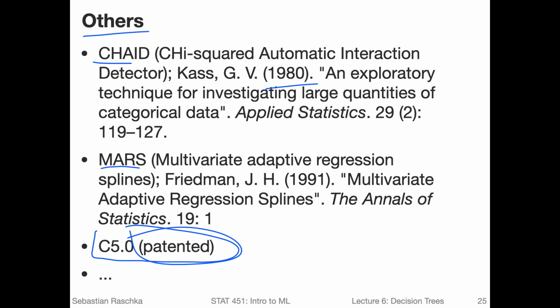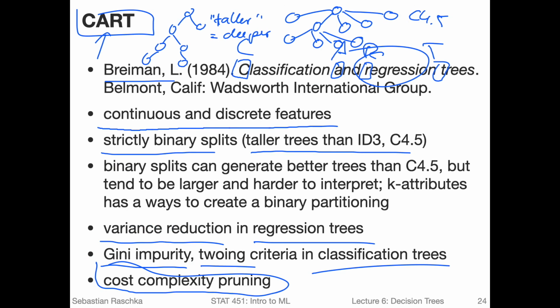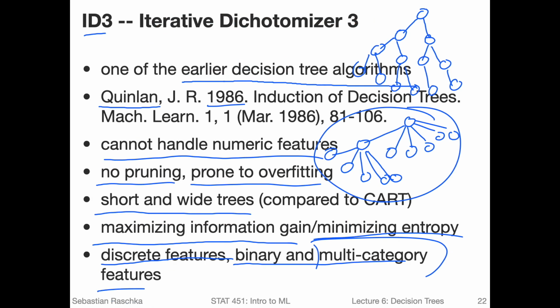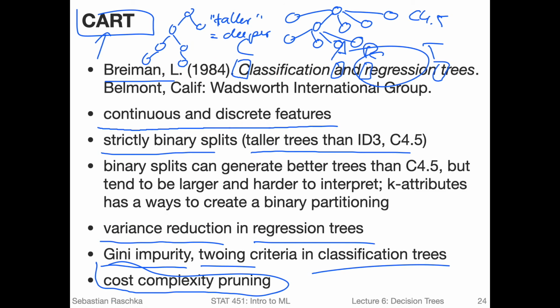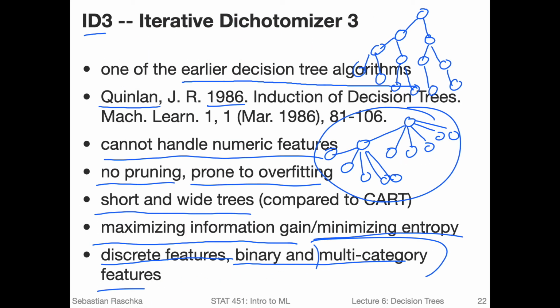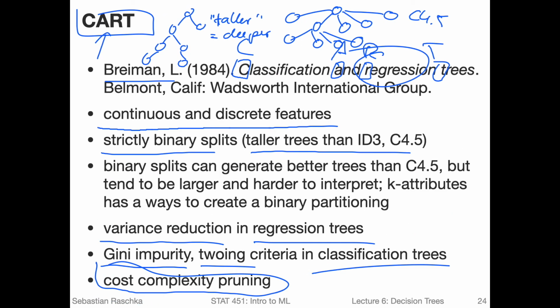So we will discuss certain aspects mostly from CART and ID3 and also C4.5 in the next couple of slides. In the next video I will talk about entropy, which is used in ID3. So we will talk about entropy, and we will talk about Gini impurity. Again, scikit-learn, as we will see later, implements something like CART, where we can do binary splits, supporting continuous and discrete features.